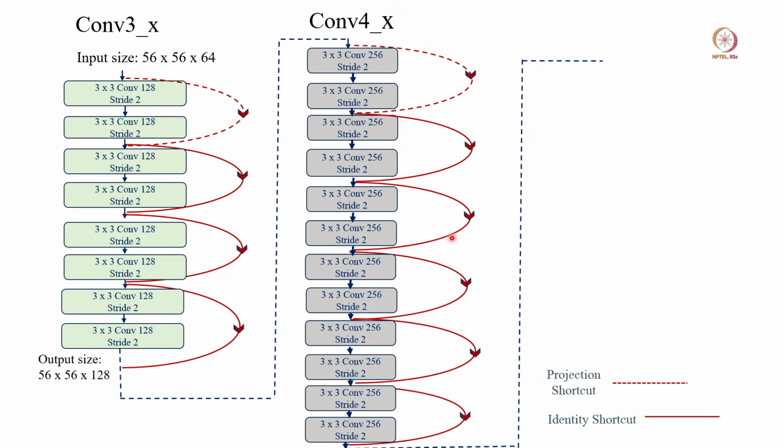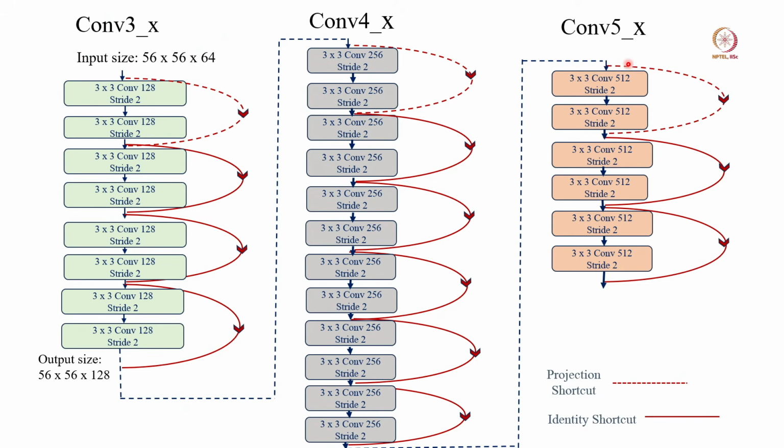Once again, the first one is a projection shortcut, and the others are identity shortcuts. The output from here now goes to conv 5x, where we have 1, 2, 3, 4, 5, 6 convolution layers, and there are skip connections between the input and the second one, and then the fourth and 6th.